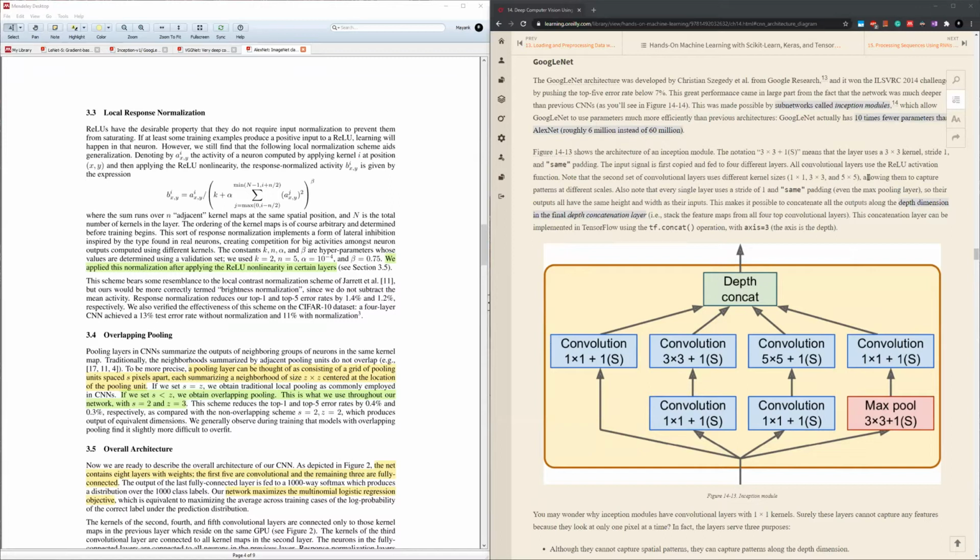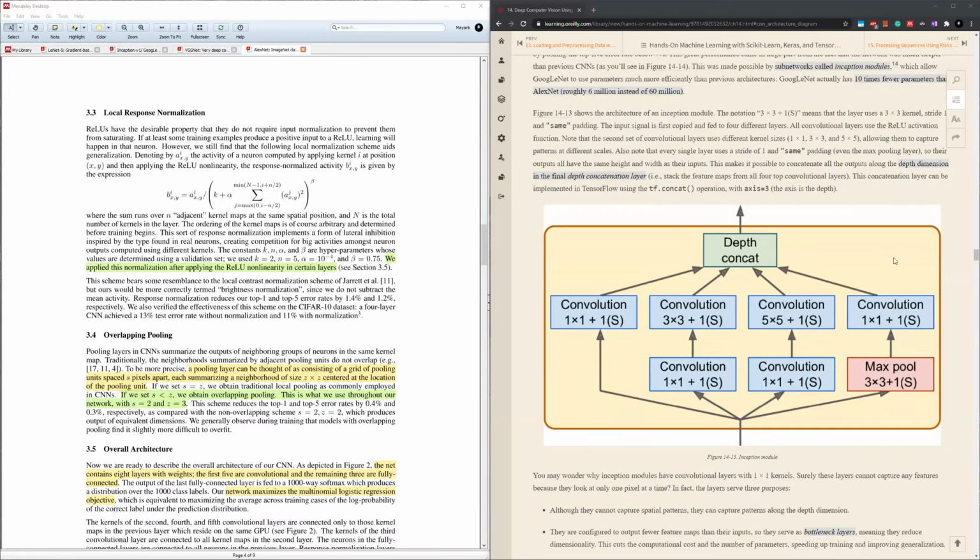That was the seminal notion, that the Inception modules were a breakthrough, which used the parameters more efficiently than the previous architectures, and the number of parameters was reduced drastically since all the convolutional layers applied the ReLU activation function, which dropped off those neurons. So the parameters were fewer.